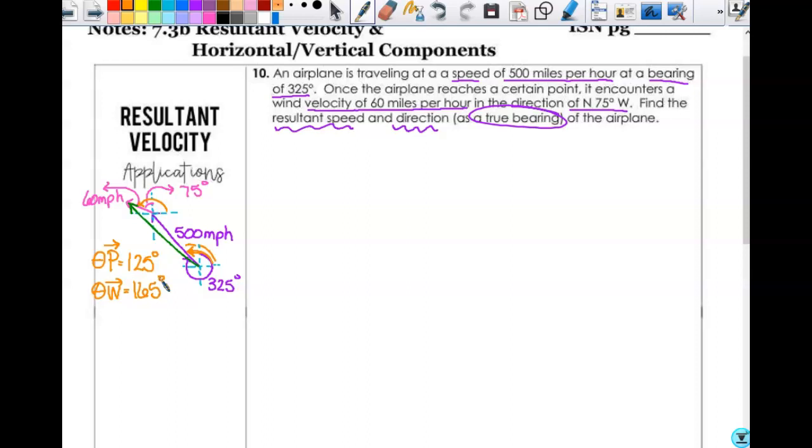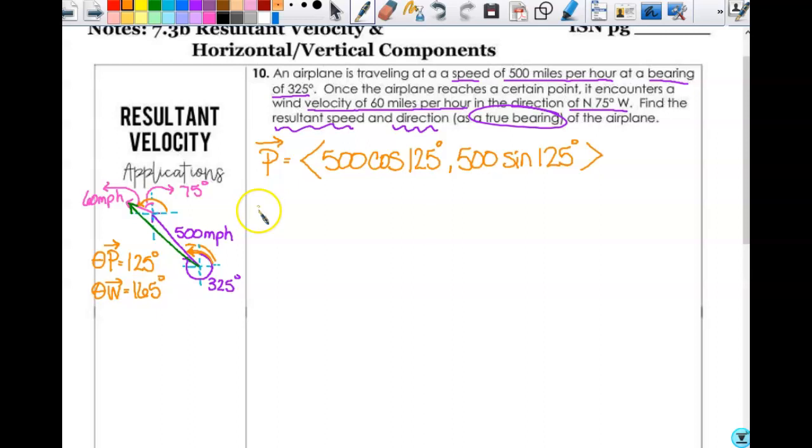So using the trig, because I have my angle and I have my magnitude, for vector P, that's the plane, that's going to be the magnitude, which was that 500, times the cosine of theta, and for P that's 125, and then 500 times the sine of 125.